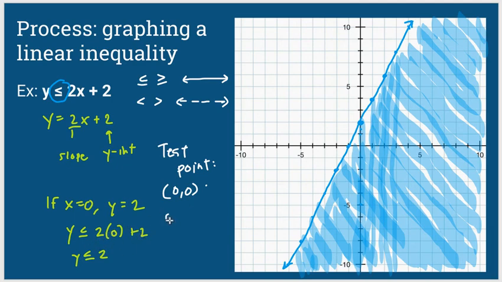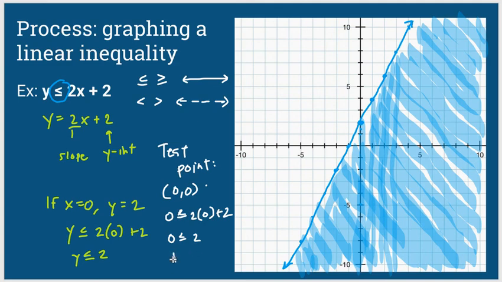So for this one, for example, if I do 0 is less than or equal to 2 times 0 plus 2, is that true? And if I simplify this, 0 is less than or equal to 2 times 0 is 0, plus 2 is 2. Yeah, that is true. 0 is less than or equal to 2.